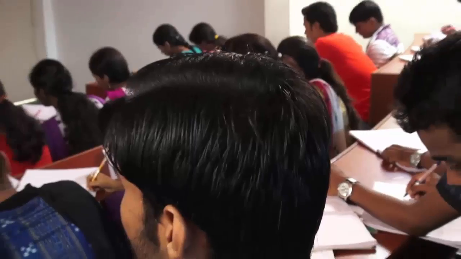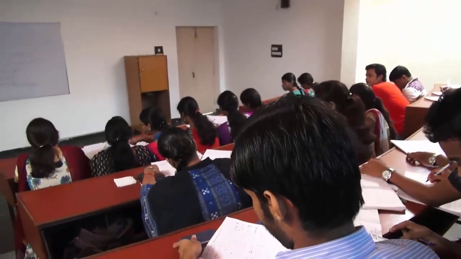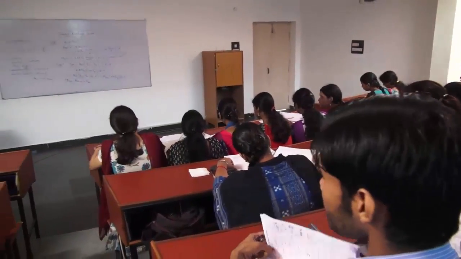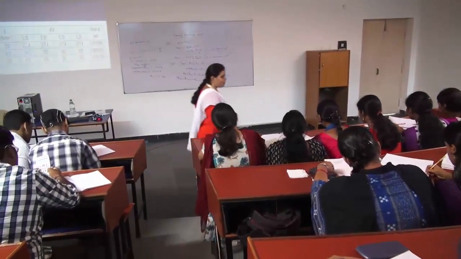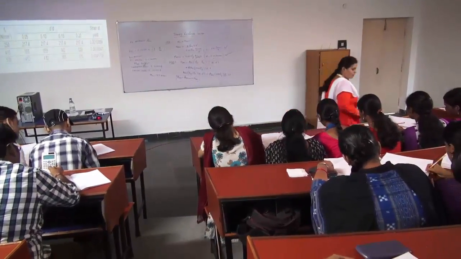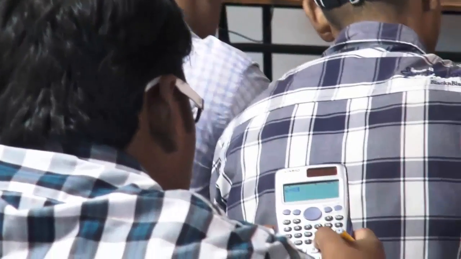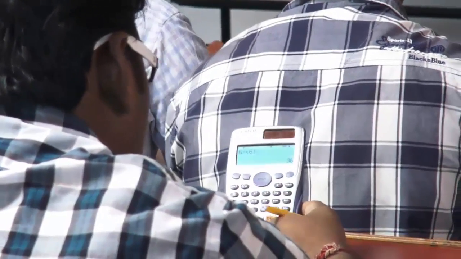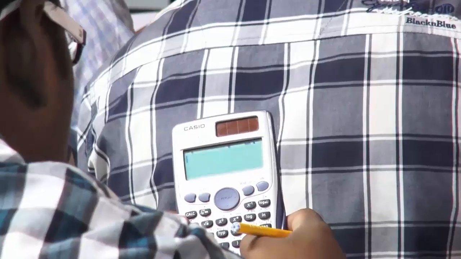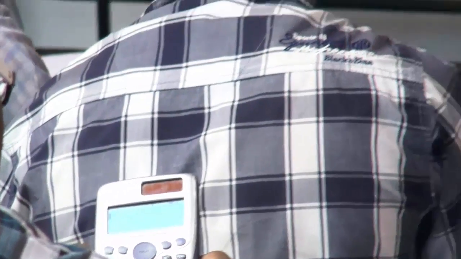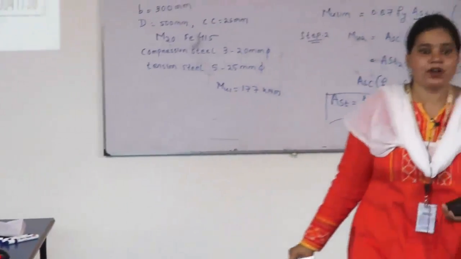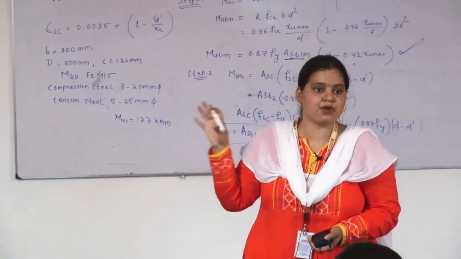You have to convert kilonewton meter into Newton mm, means into 10 to the 6. 177 into 10 to the 6 divided by... it should be 1327.8 mm square. Everyone got it or not? Okay, 1328 mm square. That is your AST limit or AST1.